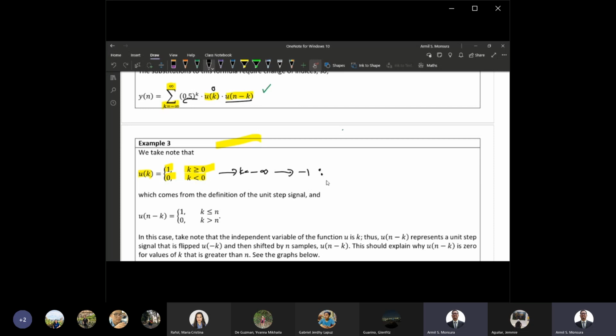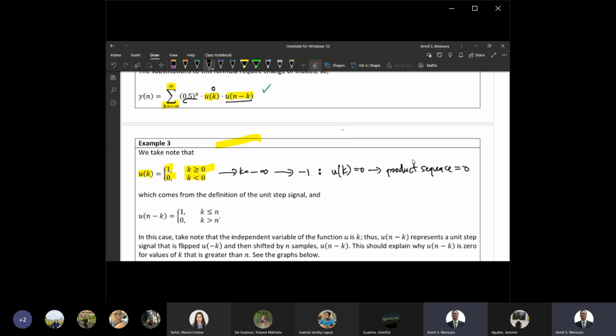So for k from negative infinity hanggang negative 1, the product sequence, U of k equals 0, and it would imply that the product sequence becomes 0 also.